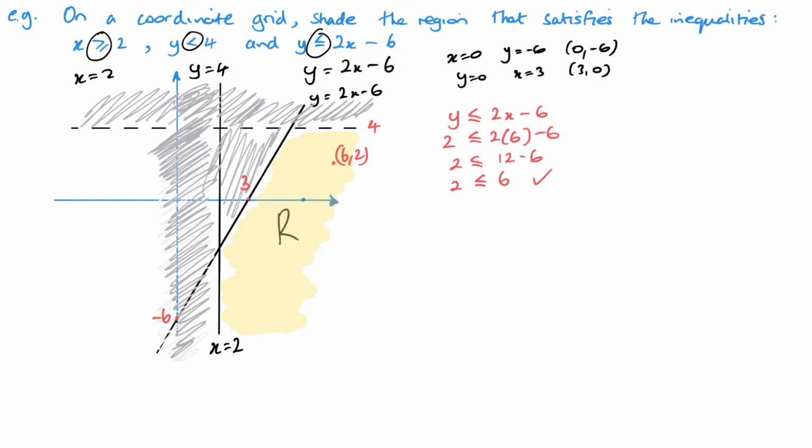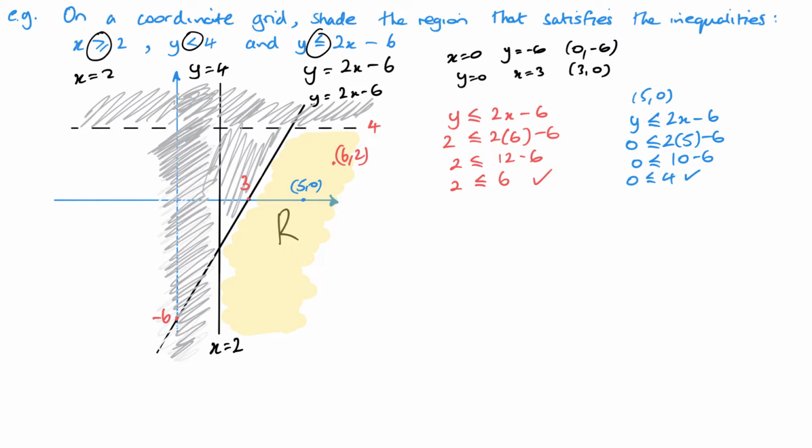For example, I know that 5, 0 is going to be in this region. Yeah, so if I'm looking at the coordinate 5, 0, y is less than or equal to 2x minus 6, y is 0, 2 times 5 minus 6, 0 is less than or equal to 10 minus 6, 0 is less than or equal to 4. Clearly correct. Okay, so I can just pick a coordinate to double check my answer.